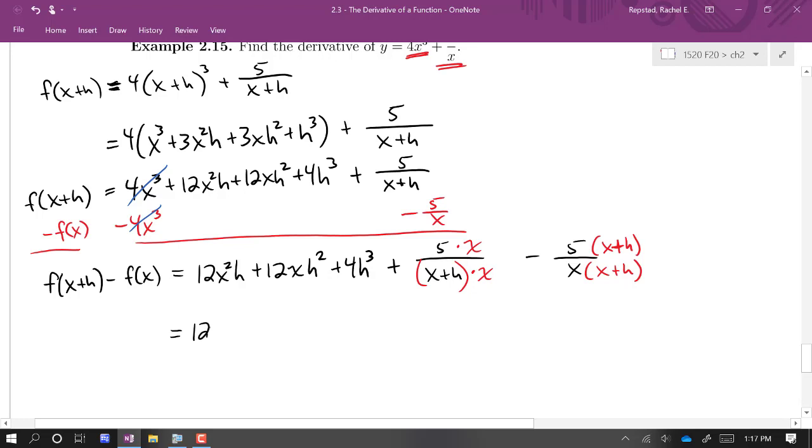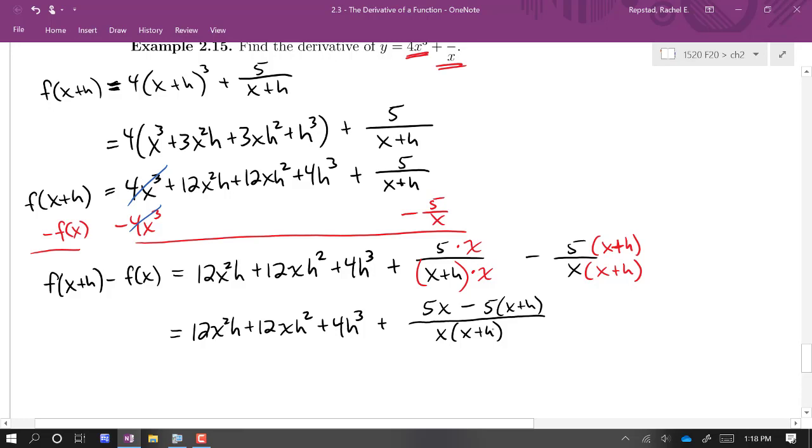So we got 12x squared h plus 12xh squared plus 4h cubed plus, now I've got a single fraction. The denominator is the product x times x plus h, which I'm going to leave as it is. And then I have 5x minus 5 times x plus h.